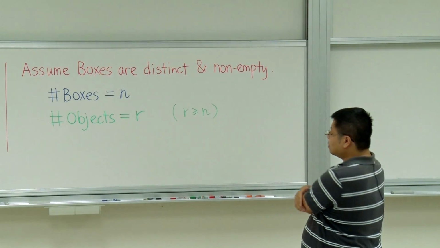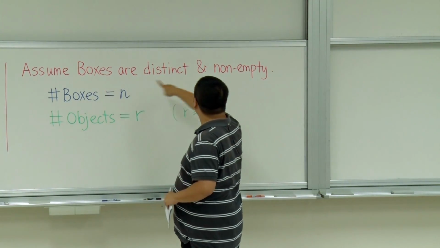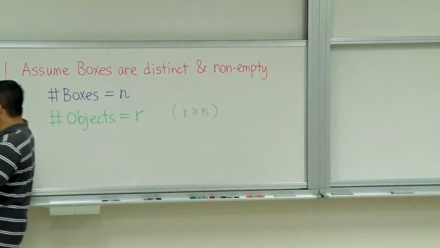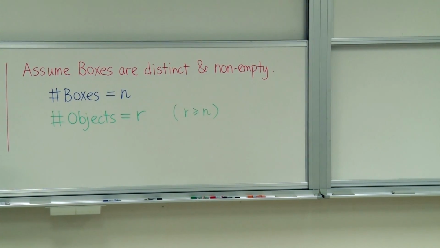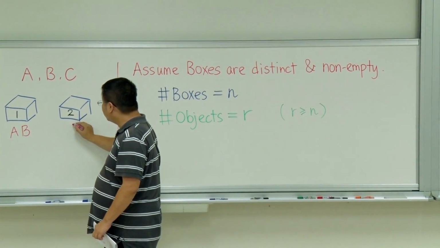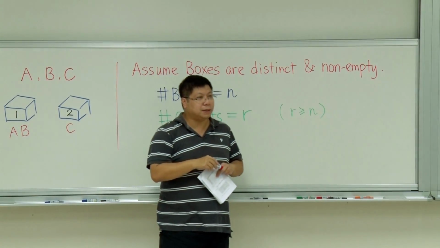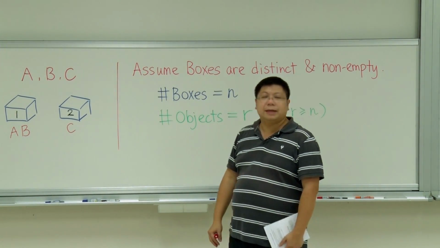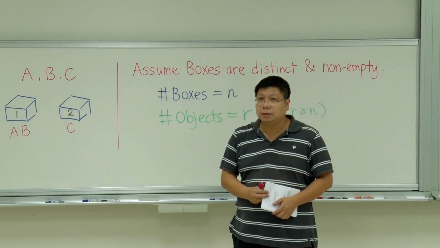For instance, boxes are distinct and non-empty. Let's say we are going to put A here and B here, and C here. So this is one particular distribution. Is there a way to represent this distribution using a string?